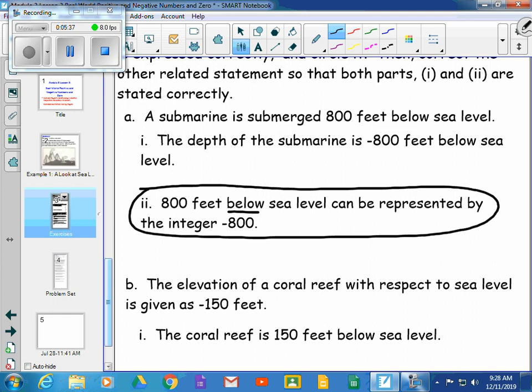It's below 0. Now the reason why the first one can't be correct is because we cannot use two negative expressions at the same time. Notice this is a negative integer and also below means negative. And kind of like in language arts, we can't write using a double negative. We can only use one of those things as being negative. So we can say correctly that the submarine is 800 feet below sea level.